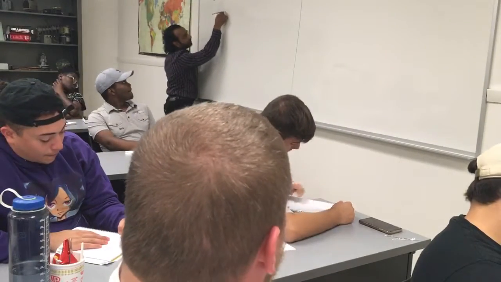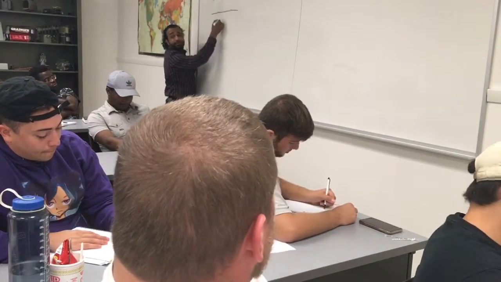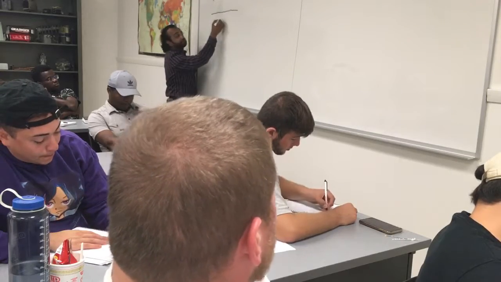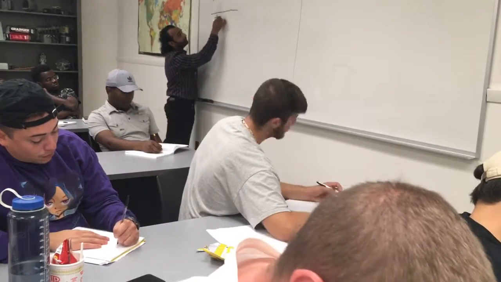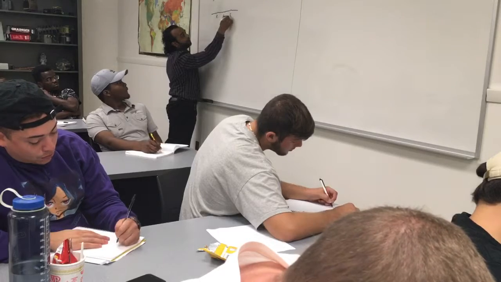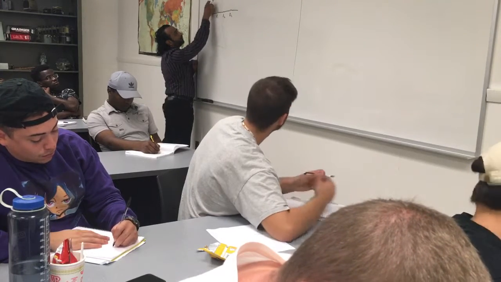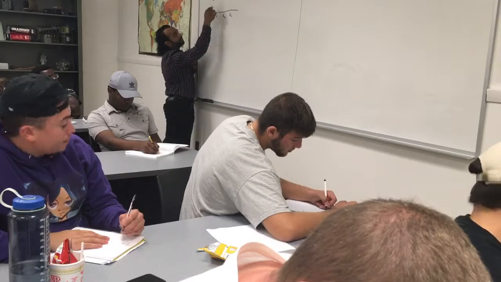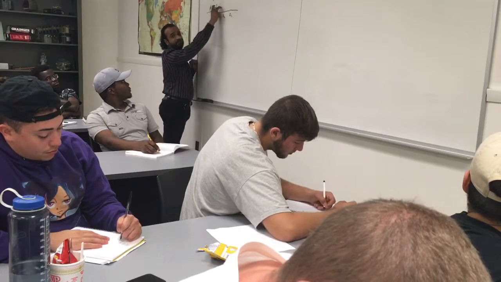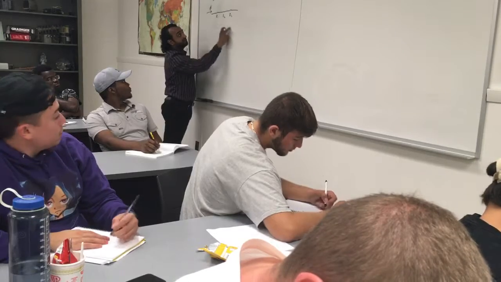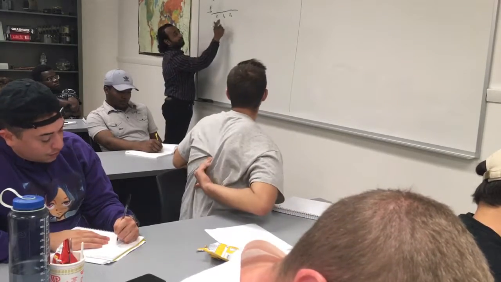What are those squiggly lines? This is current. R1, R2, R3, and this is the current. I'm going to put A. So the current here is the same as the current here, same as the current here, and current is the flow going through that circuit.